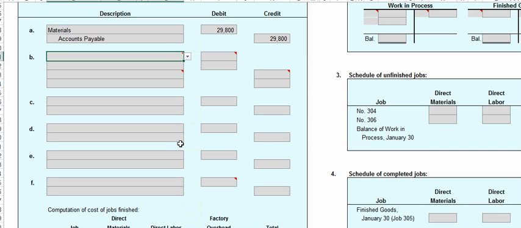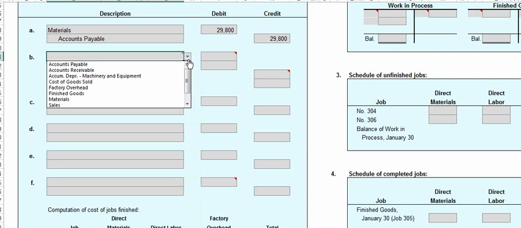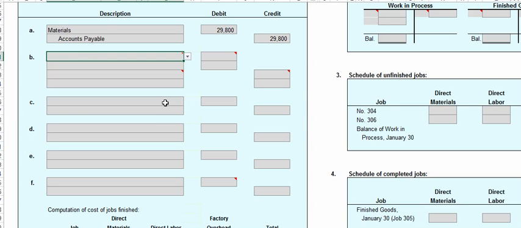So what we want to do is first we want to debit the inventory account, the asset, work in process. And now this is an inventory account or an asset account. All inventory accounts are asset accounts, of course. Not all asset accounts are inventory accounts. I'm sure you know that.